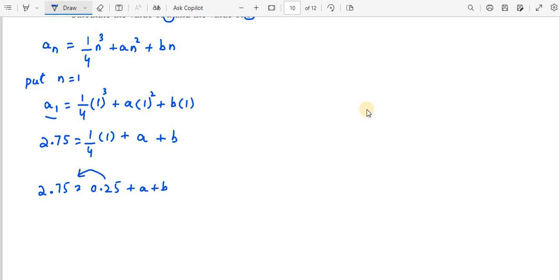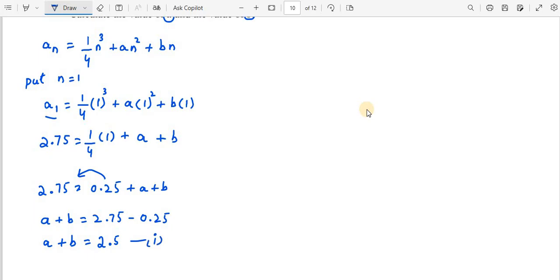This decimal value shifts to the other side, so a plus b is equal to 2.75 minus 0.25. So a plus b is equal to, calculating this value, we get 2.5. This is our equation number 1.